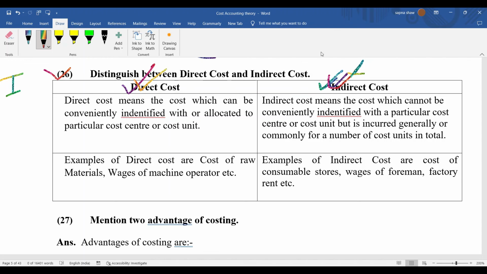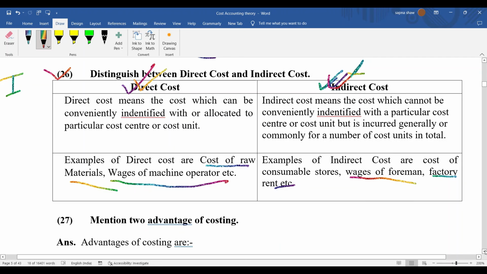No, then it is called indirect cost. So what are the examples of it? Cost of raw material is direct, while wages of machine operator, wages of foreman, factory rent, all these are examples of indirect cost. So this is the only difference.